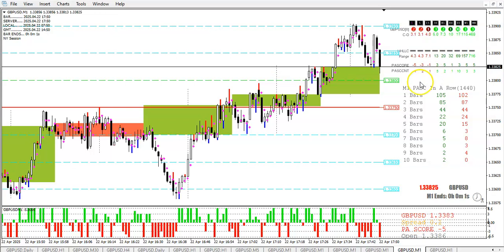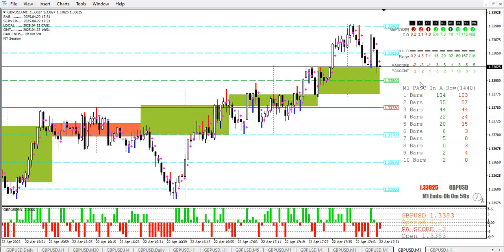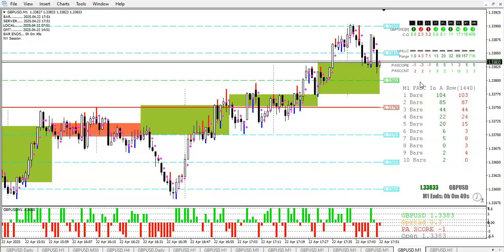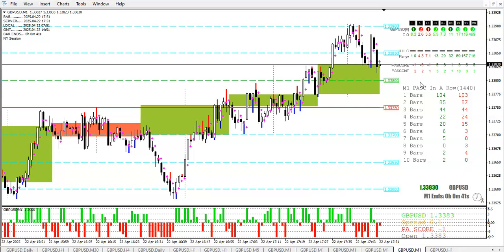But when you see them all one color, you probably don't want to go against them. So it's just one more little trick or stat to use in your trading.